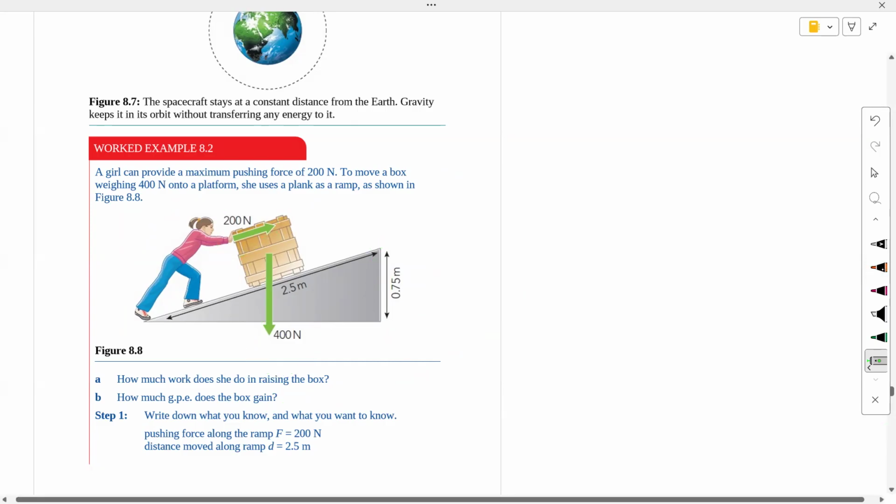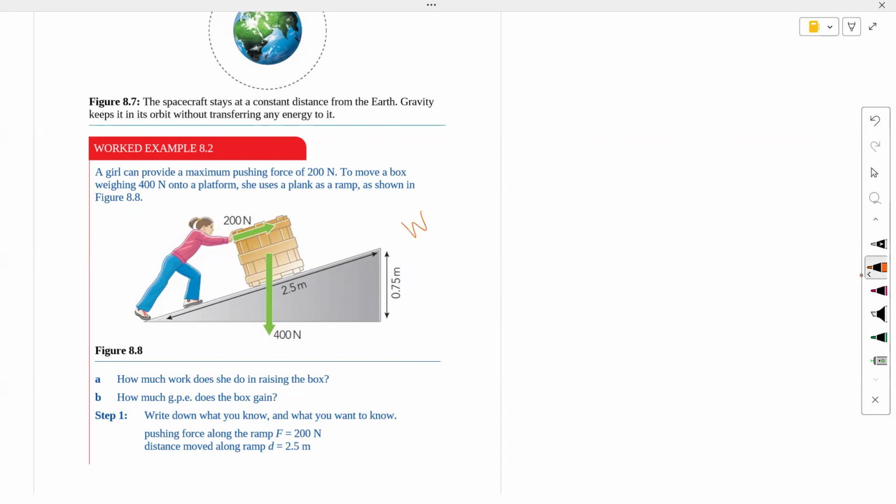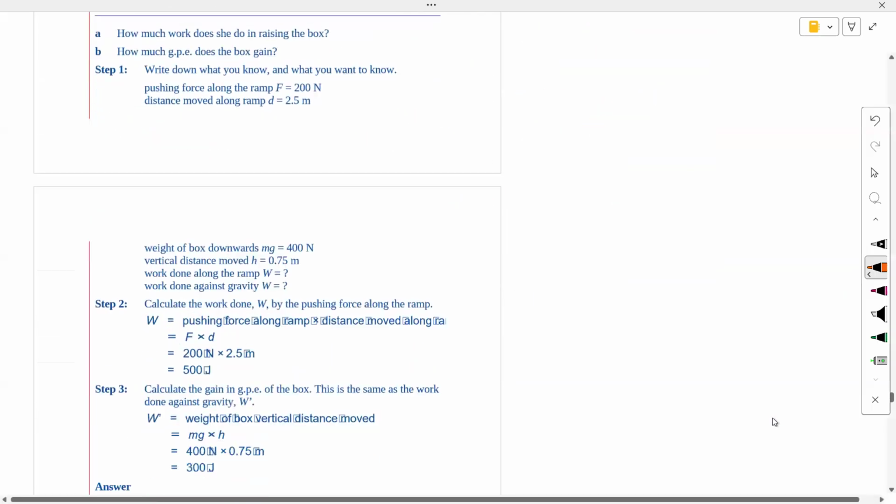So W is equal to FD, and it would be 200 into 2.5. And for mgh, it would be 400 into 0.75. Just keep that in your mind.